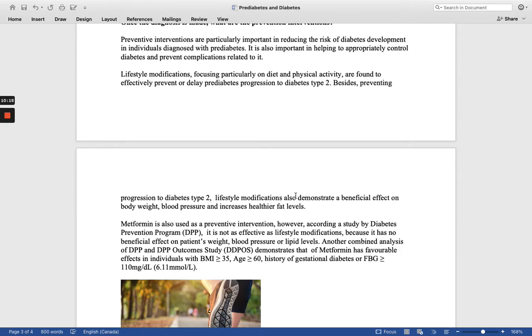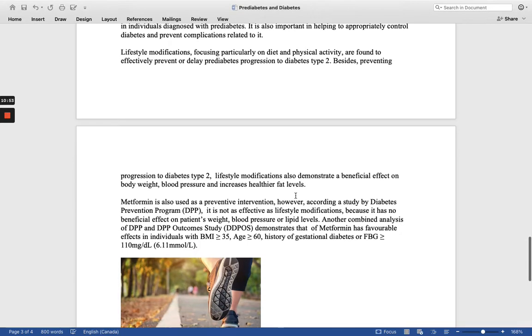So physical exercise to lose weight and diet to control weight is the most important point in preventative interventions, because they not only help you to lose weight and prevent diabetes from occurring in a pre-diabetic state, they also help you to lower your fat levels in your blood. They will help you lower your blood pressure levels, and they keep you healthier overall.